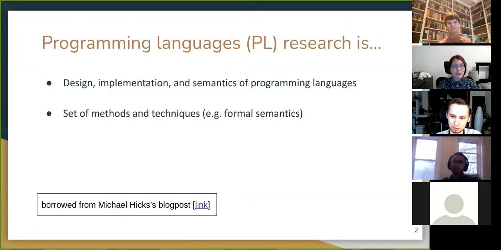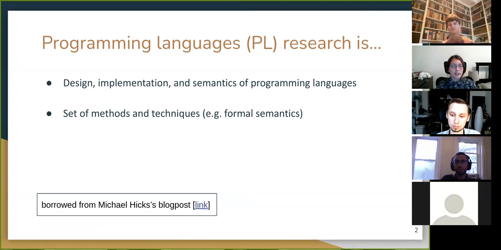So I guess programming languages research as an area obviously has something to do with programming languages. But I like the definition that Mike Hicks gave in a blog post and in a talk, which is sort of saying that when we talk about an area of research, there are usually two sides to it. One is a set of problems and another is a set of techniques. So for programming languages, the set of problems is something to do with the syntax, semantics, that is meaning, and implementation of programming languages.